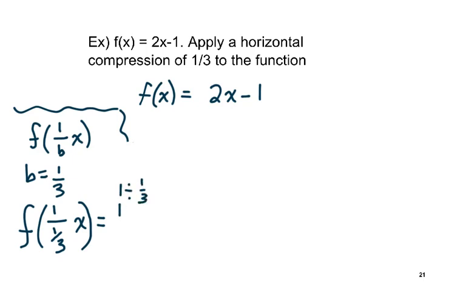We're going to switch that to multiplication and flip the fraction and we'll get 3. So f of 1 over 1 over 3 x is just the same as f of 3x.